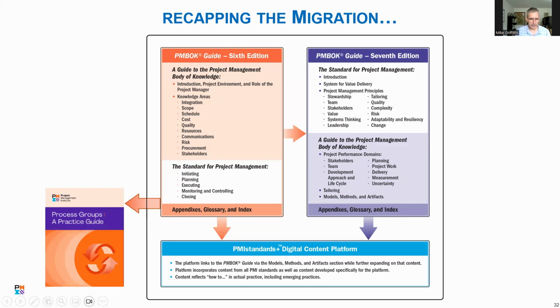Okay, so I think that's a good overview of the 6th to 7th migration. Oh yeah, these are the guiding principles. The how-to stuff is down in the digital platform. It's nice because we can update it a lot more frequently, and you can add the videos and the how-tos and the richer format guidance there.